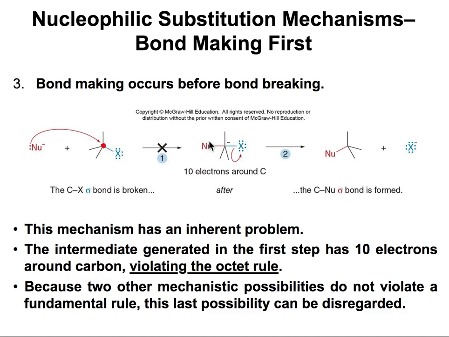Now, if the nucleophile were to come and attack and form a bond, then that carbon right there would be exceeding the octet. And you know that it's not possible in organic chemistry. That's one of our biggest rules. The second row elements cannot exceed the octet. So then this reaction is never going to happen through this mechanism.